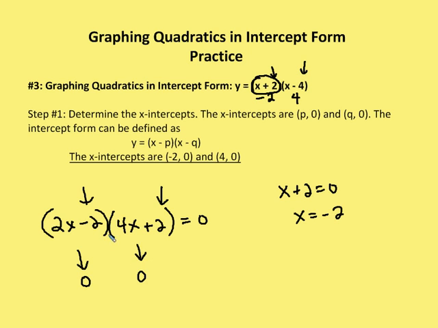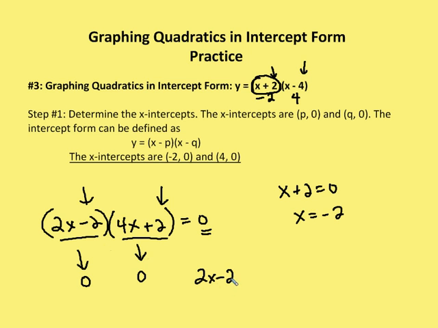So really what we want is either 2x minus 2 to equal 0 or 4x plus 2 to equal 0, because if either one of those factors equals 0, then the equation is going to be equal to 0.